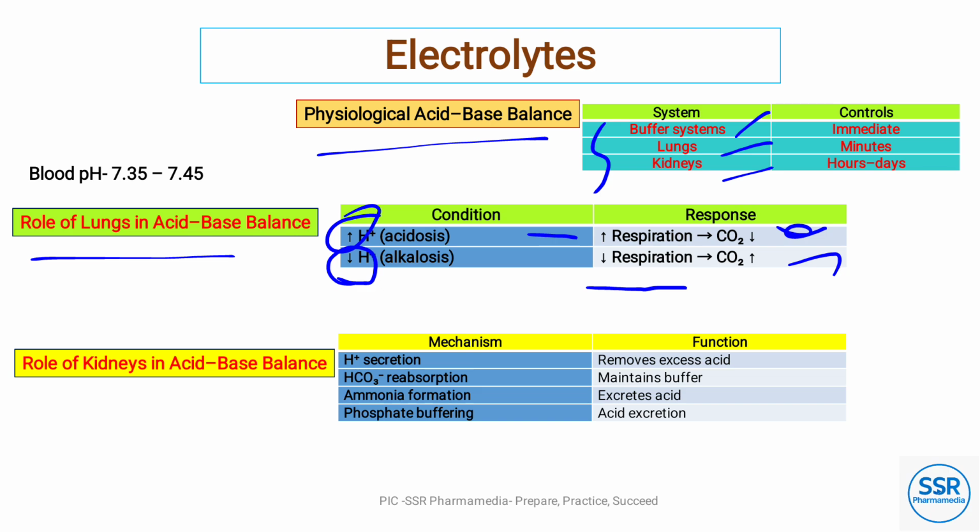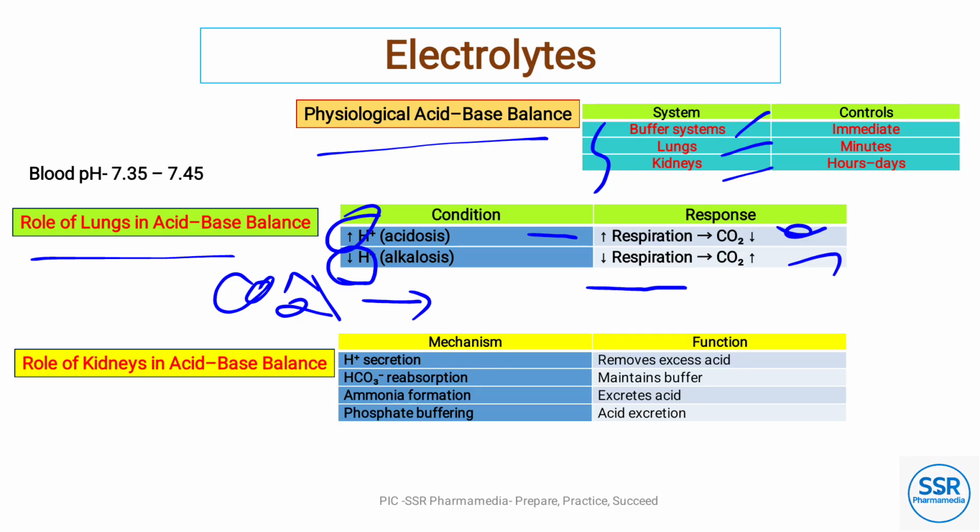In that condition, carbon dioxide gets released from our lungs, so carbon dioxide decreases in our lungs, increasing the alkalinity.